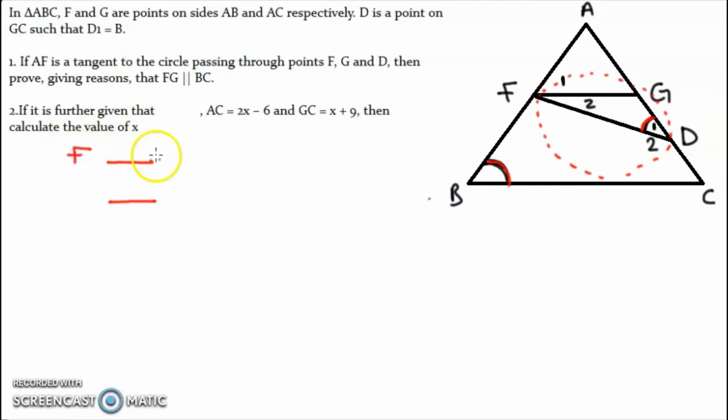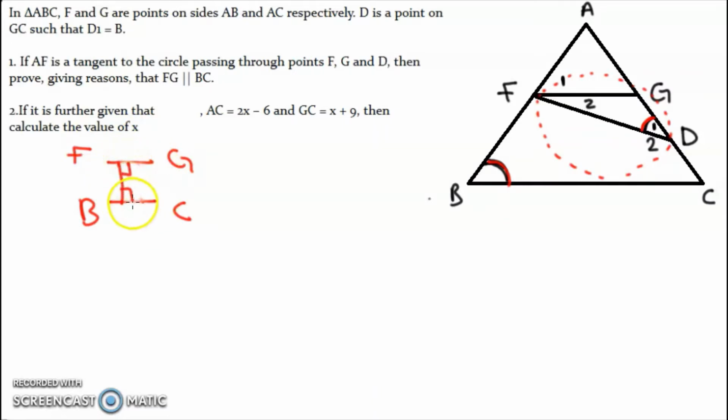If this is FG and this is BC, for these to be parallel, we have to prove that the alternating angles found between them are equal, or we can prove that the interior angles are supplementary.